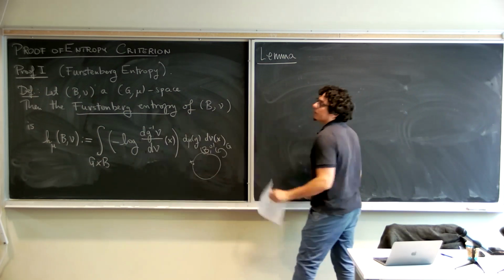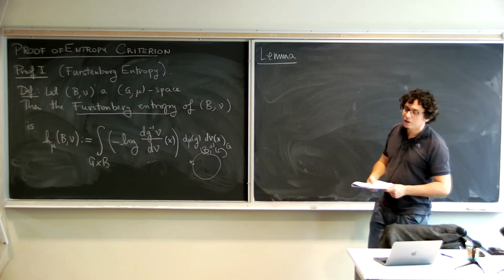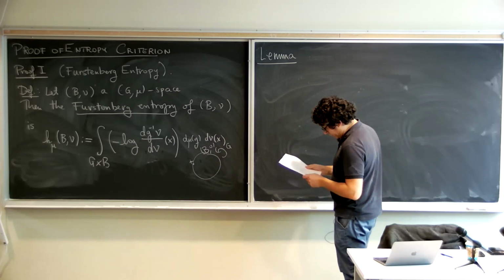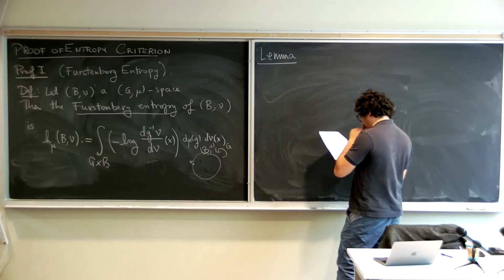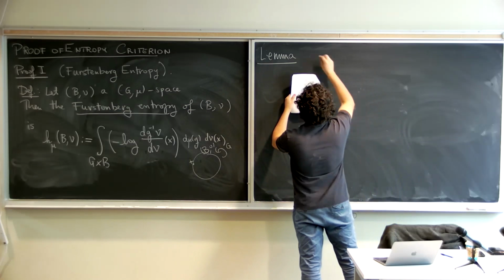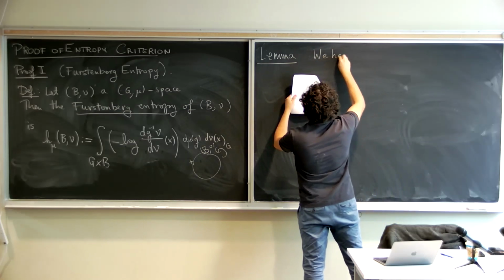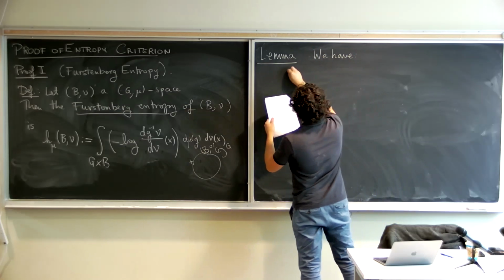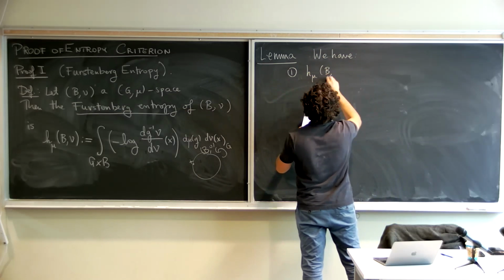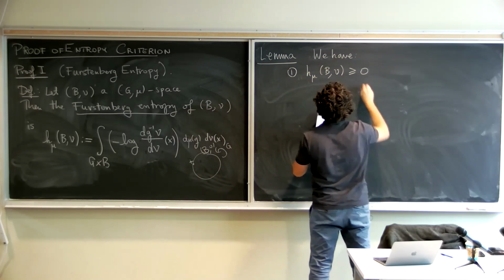It's also maybe not true in general that this is finite, but in the case that we're looking at, it would be. So we have the following assertions. The first one is that H_mu(B, nu) is non-negative.